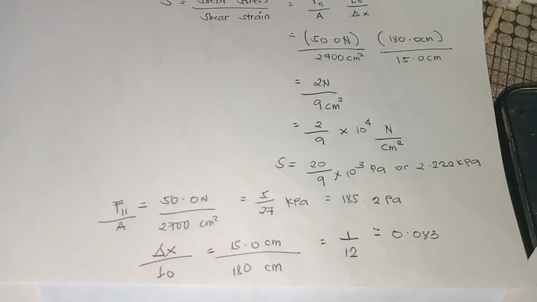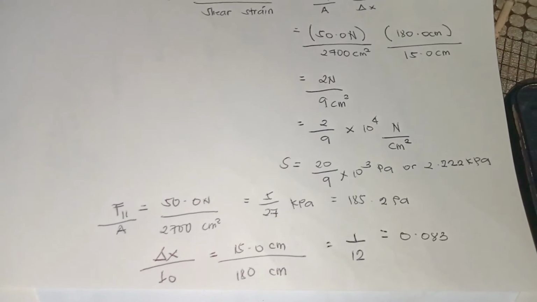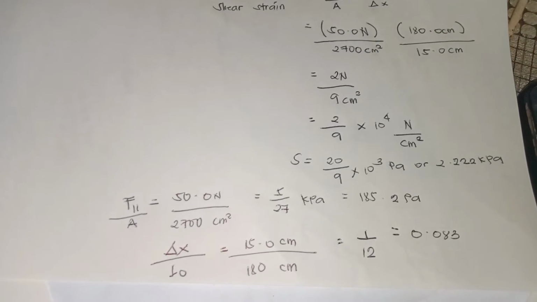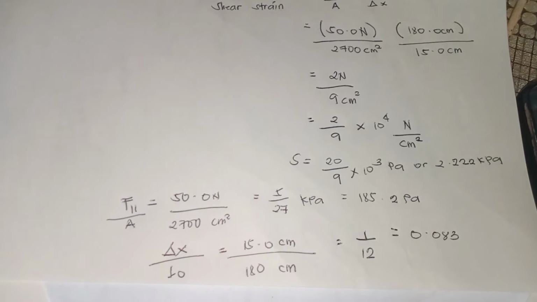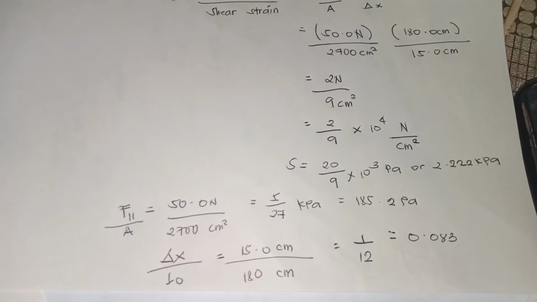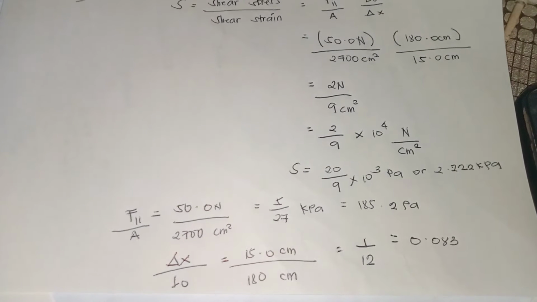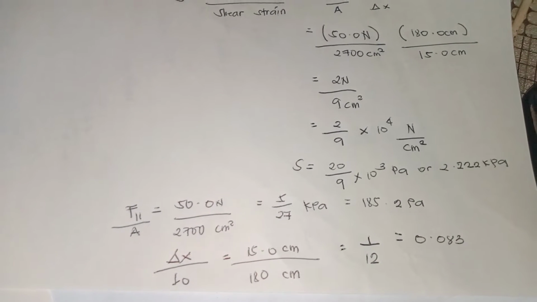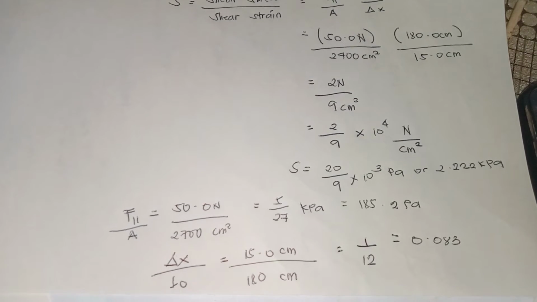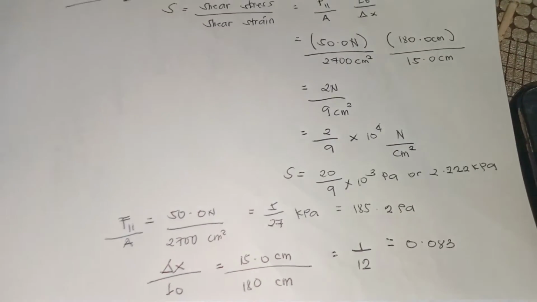And for the transverse distance and displacement, 15.0 centimeters over 180 centimeters, so 1 over 12. Simplifying or multiplying, we get the final answer, 0.083.